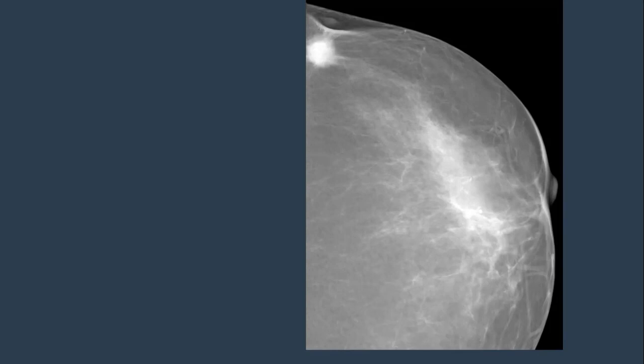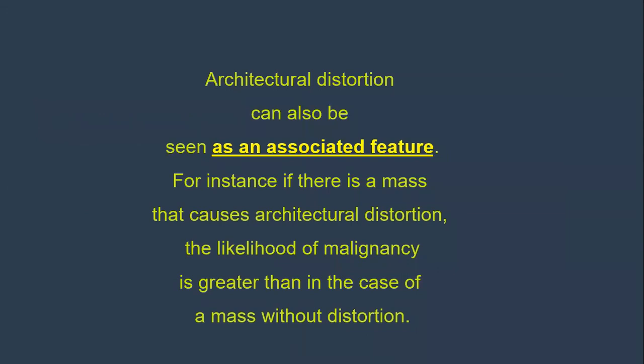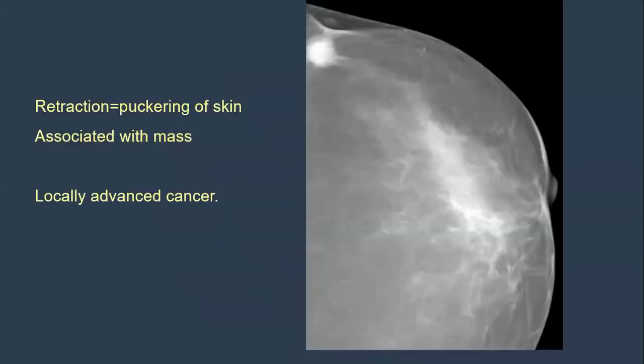So this is BI-RADS 5. Retraction and puckering of the skin associated with a mass means locally advanced cancer, because it is infiltrating into the adjacent skin.